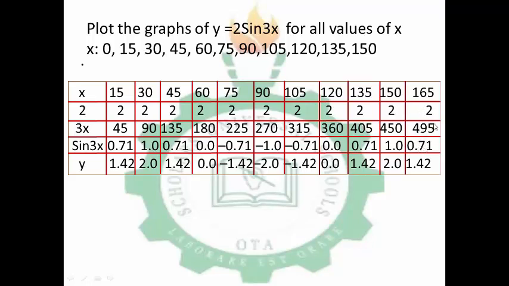Recall that the angles from 135 to 495 are bigger than 90 degrees. Use your knowledge of finding the acute form of the obtuse angles and the reflex angles to get the acute value, and then find the sine of that acute value.